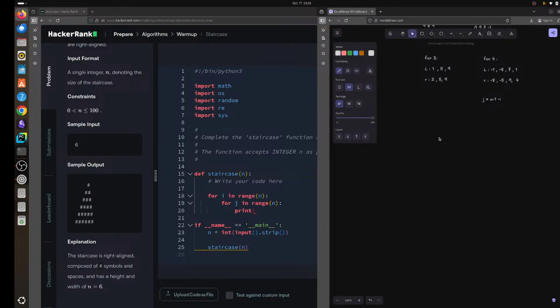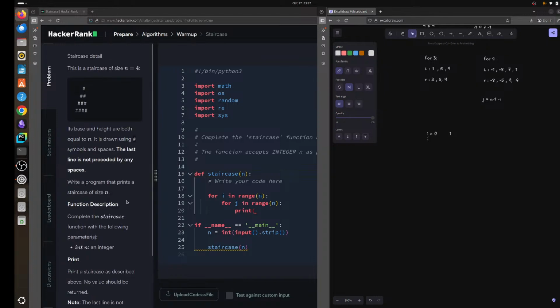The first line, let's consider that i equals 0, prints 1 hash. Then i equals 1.